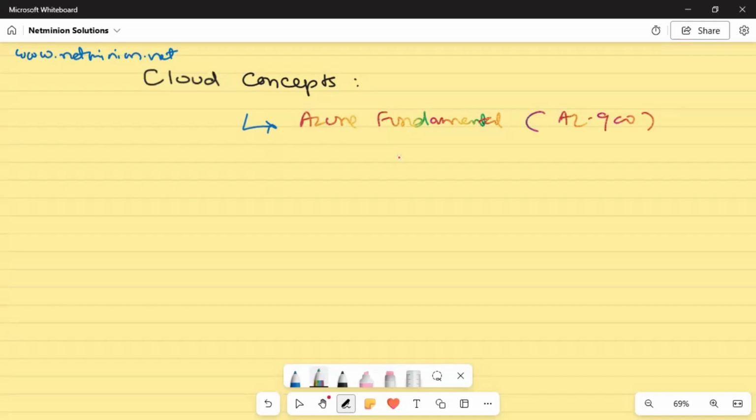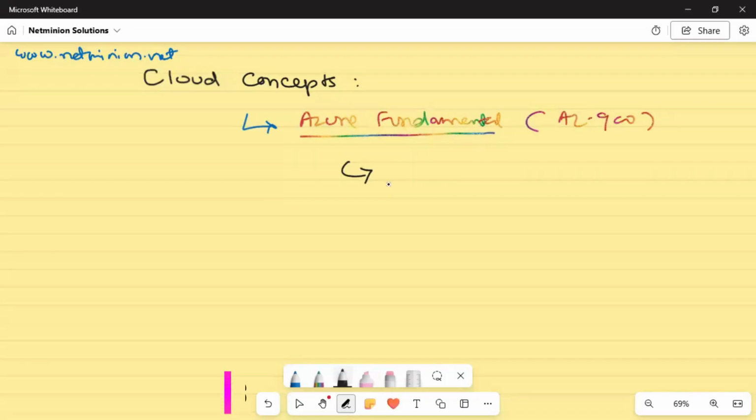So when I am talking about Azure fundamentals here, you need to understand that we are talking about a learning path which familiarizes you with Azure, its services and its features.